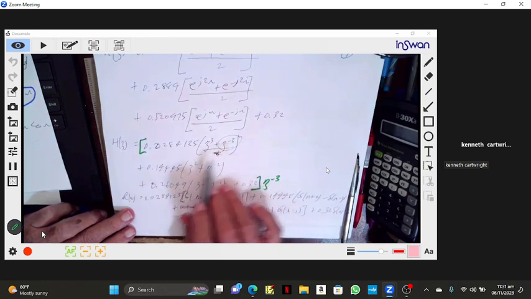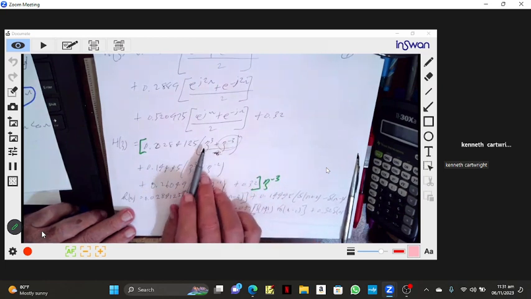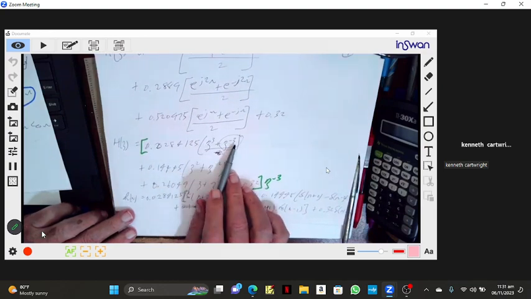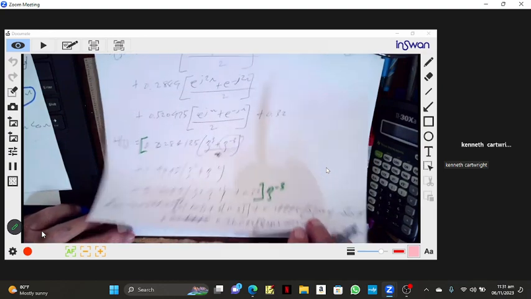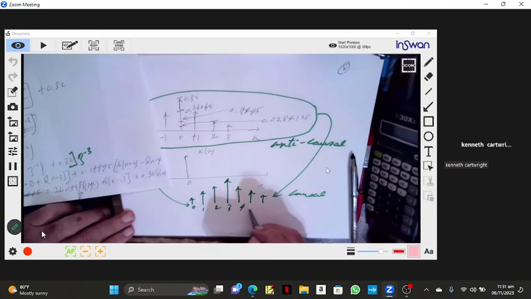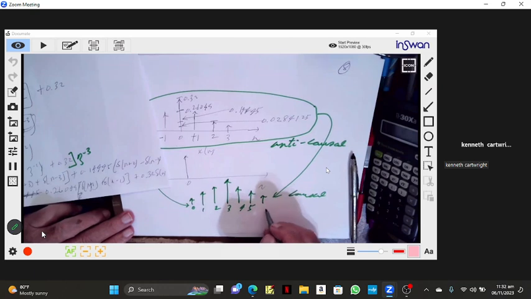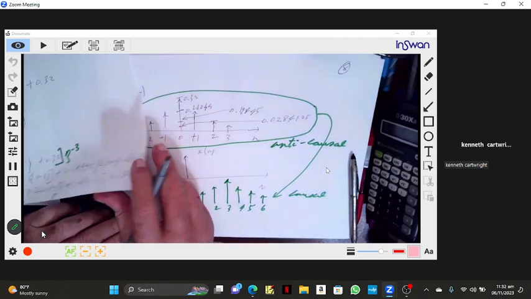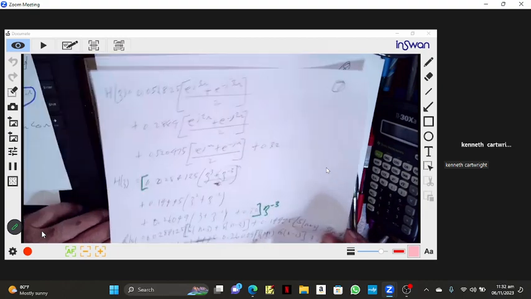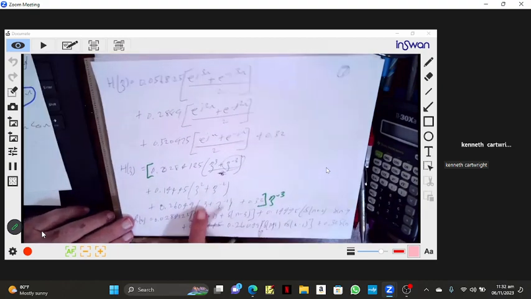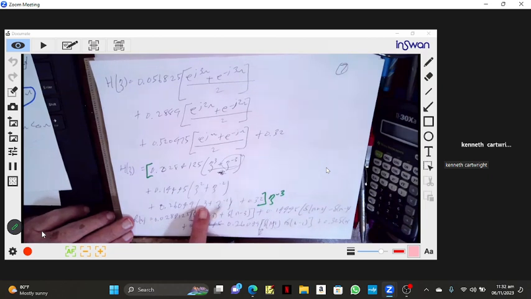And then all of these, that becomes 0. That becomes -6. 0, 1, 2, 3, 4, 5, 6. This becomes z to the -2, z to the -4, z to the -1, z to the -5.